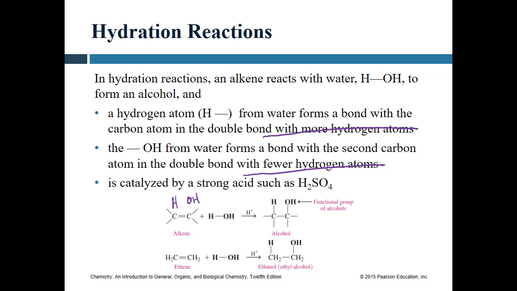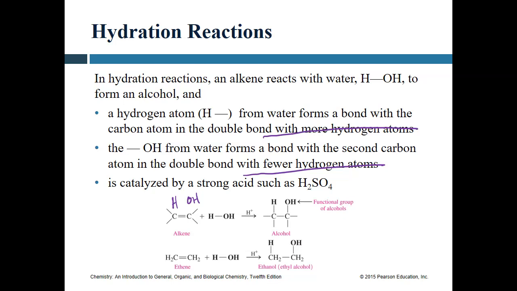And the hydrogen will go on the more exterior. So basically the way to think about this is they're going to go toward their own kind. Hydrogen is going to go to the side that has more hydrogens. The hydroxyl group is going to go to the side that has the fewer hydrogens.